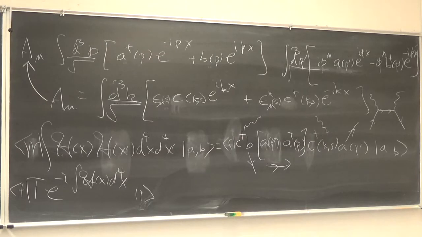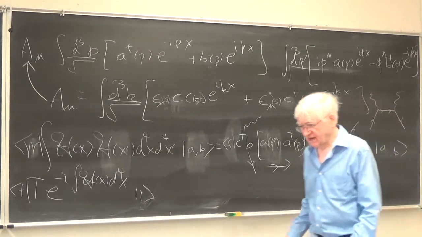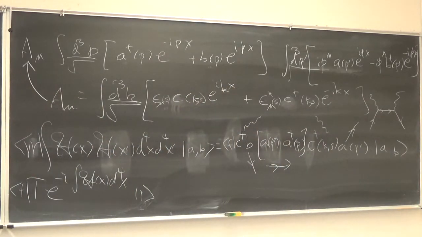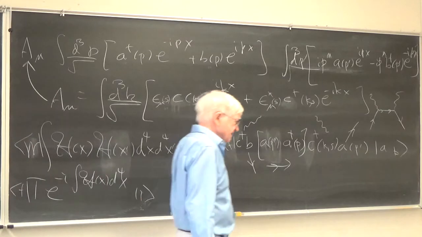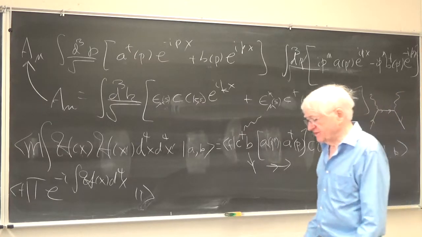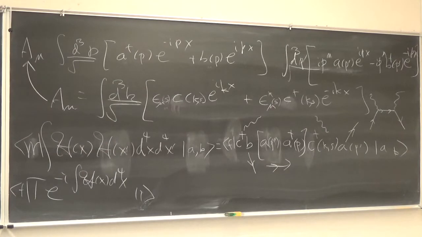So this is why we call these antiparticles. In other words, if you have an initial state of an A and a B, you can produce two photons in the final state. And a common example of this is, I guess, if you produce positrons and they just hit anything, they annihilate with the electrons in the material that they hit.